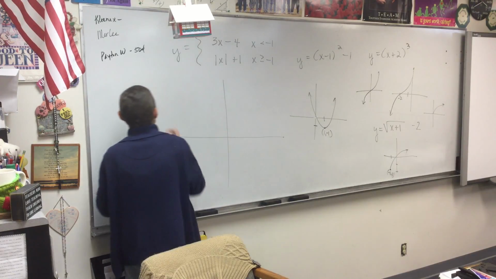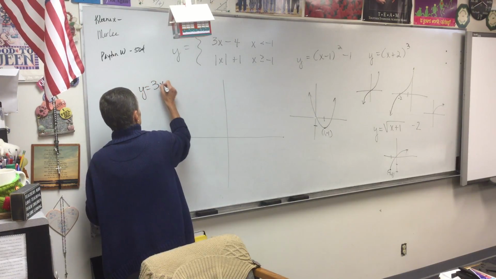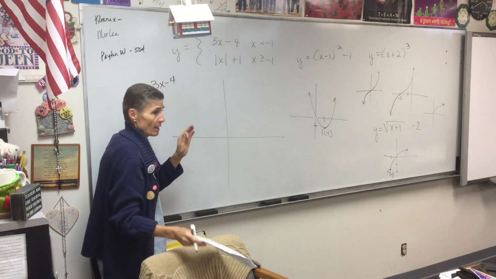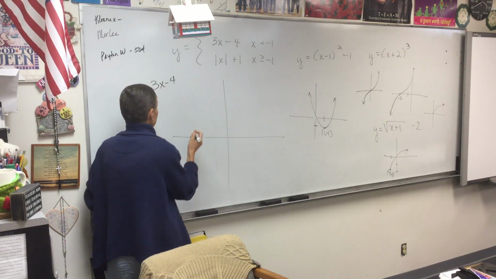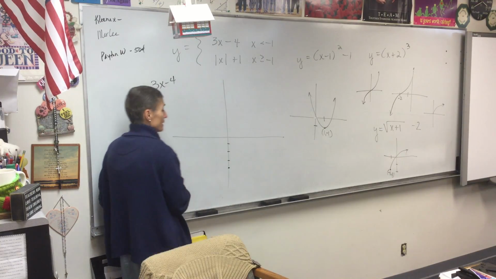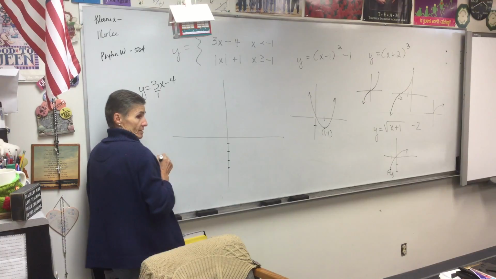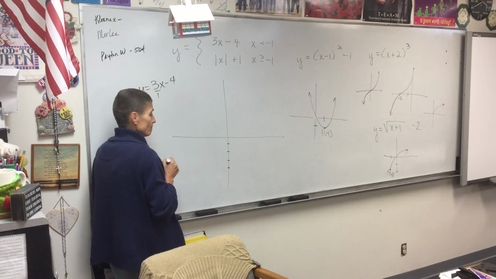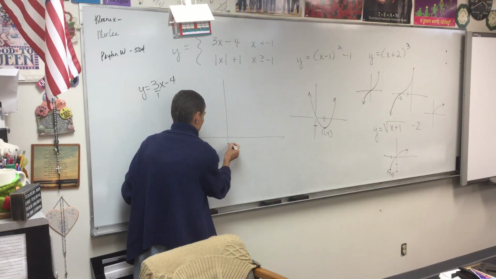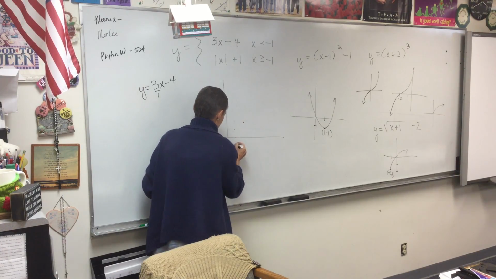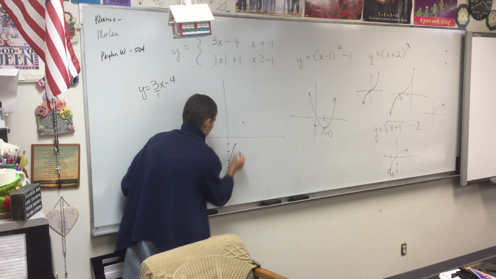Y equals 3x minus 4. What is that? That's a line. And it's a messed up line, so I'm going to graph it like I graph lines normally. It has a y-intercept of -4 and a slope of 3 over 1. So I'm going to go up 3 and over 1, up 3 and over 1, and that is going to be my line.